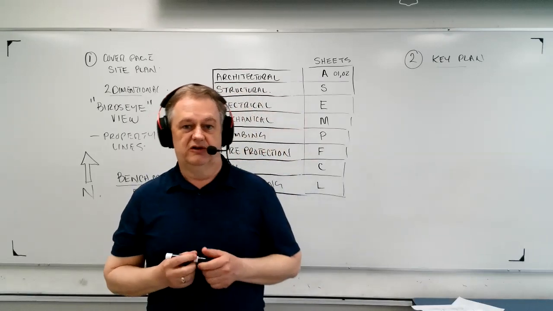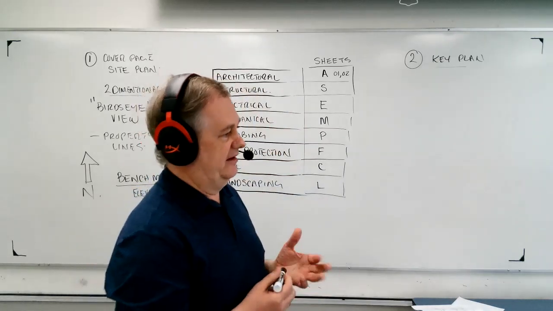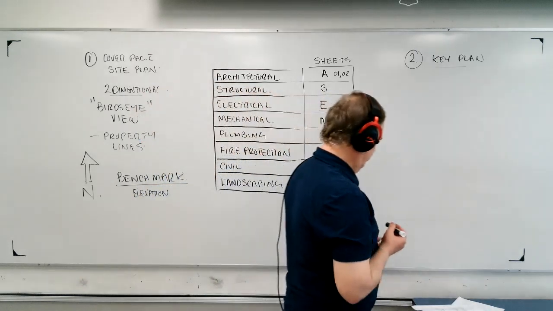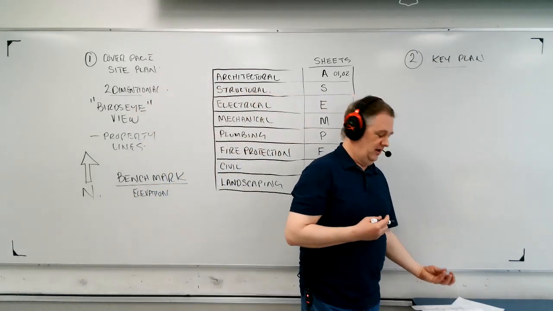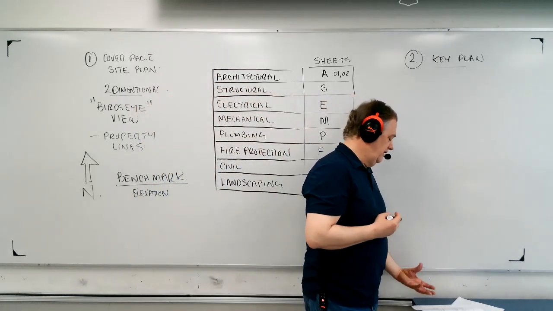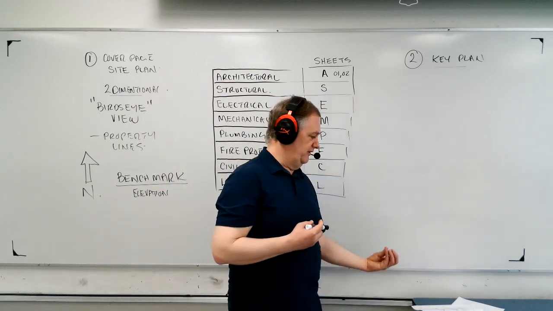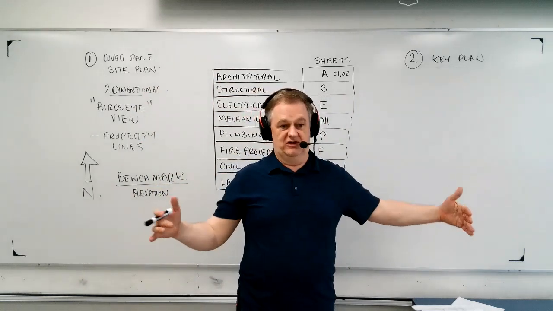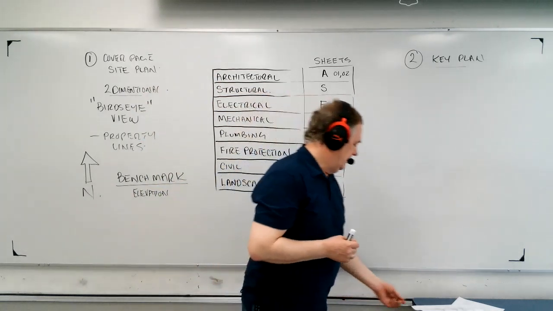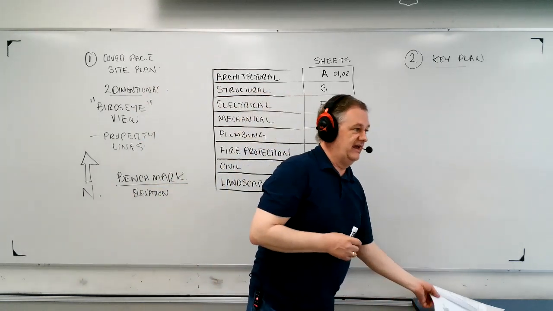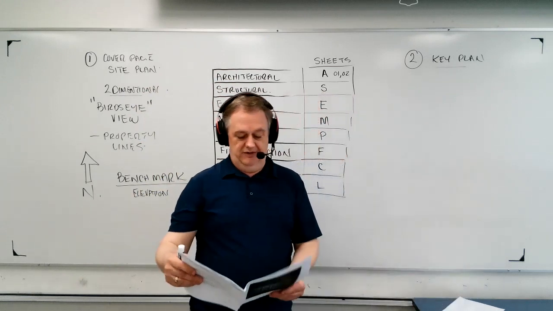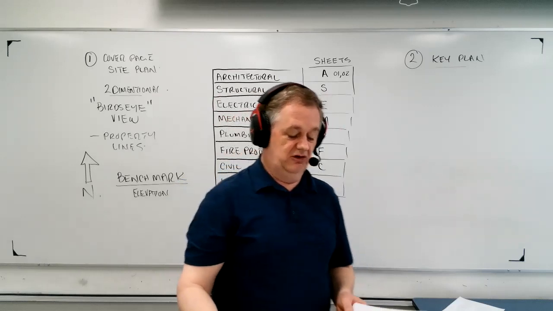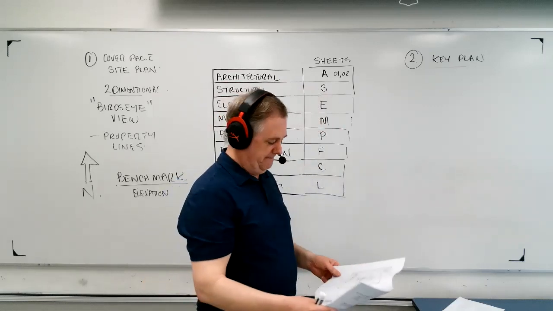When we say smaller scale, it means the target object, in this case the site we're going to build on, is smaller in this drawing because it shows a much larger area. We call this small scale. The actual lot is much smaller here, and it shows a larger area.